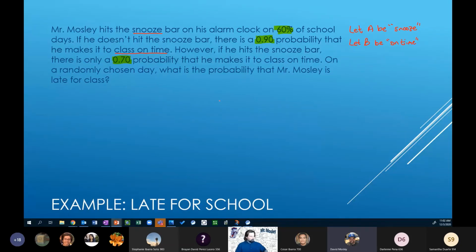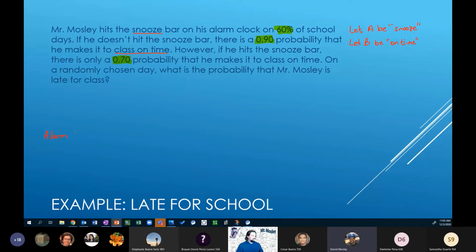For our tree diagram, we'll just start with the alarm as our start. From the alarm, we have two choices.